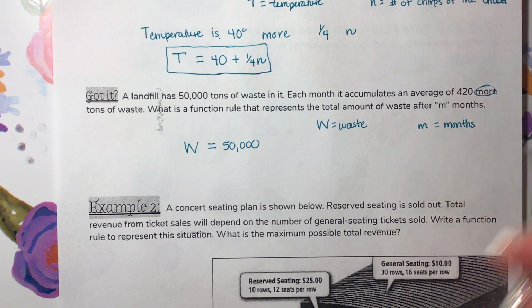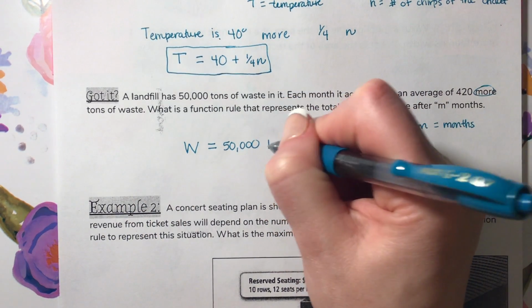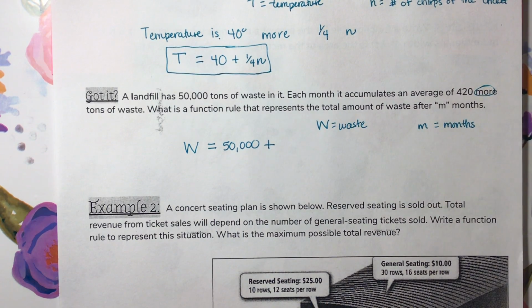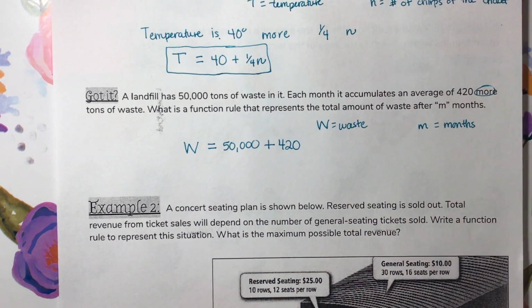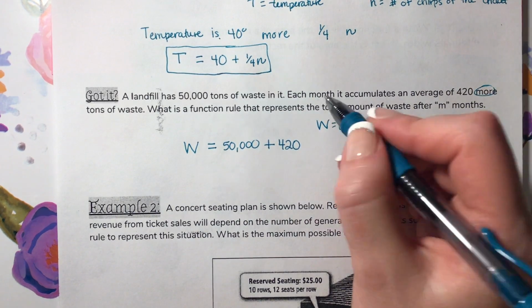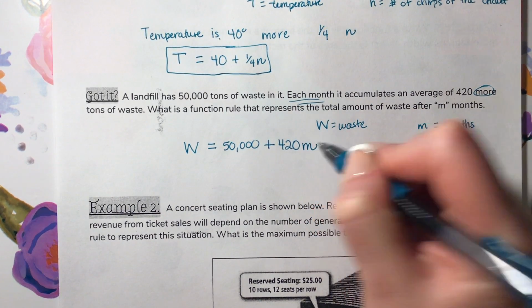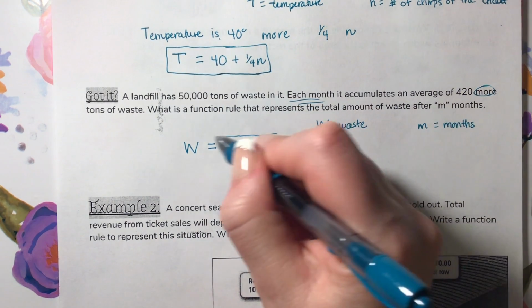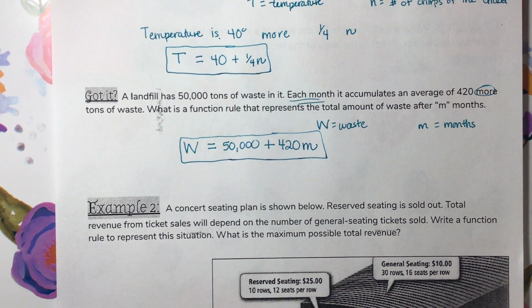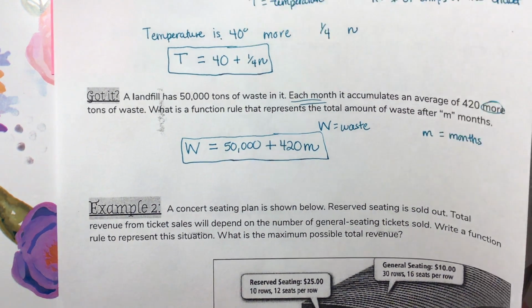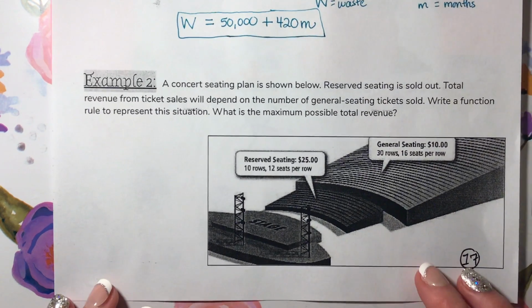Well, this more is letting us know, oh, we've got a plus sign. How much more? 420. Per what? Each month. So I'm going to put an M in there. And now I have my function rule all worked out. And that's it. We're just writing the equations for today. Or at least for that example, I should say.